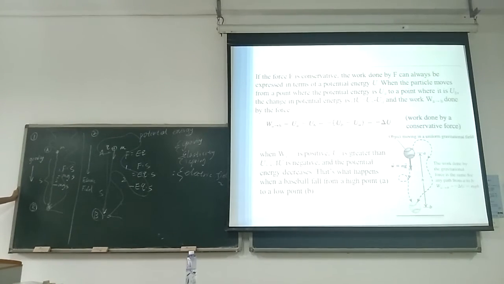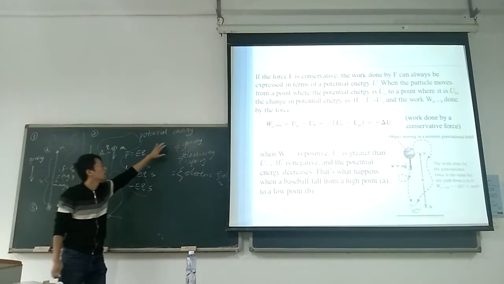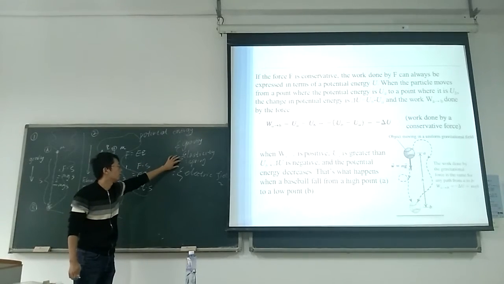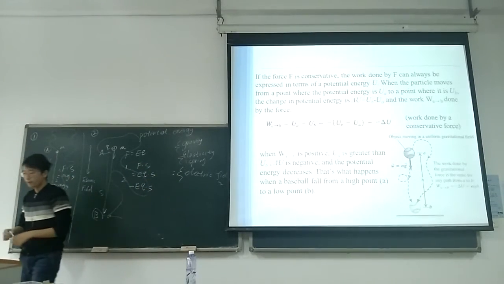The variation in potential energy has nothing to do with the exact path. The only thing related to it is the start point and the ending point. Similar, same for gravity, for spring, and for electric field.